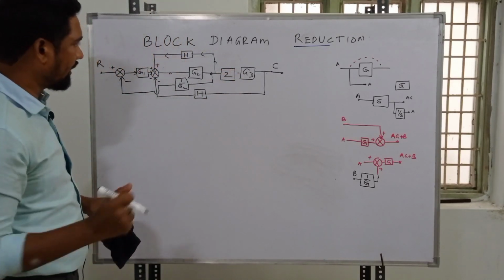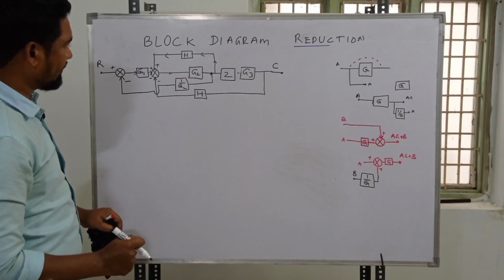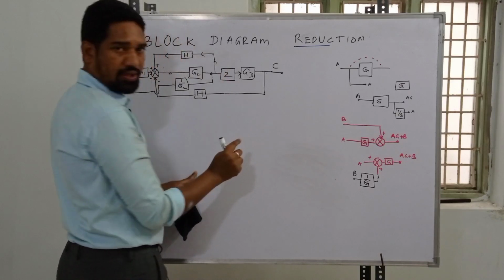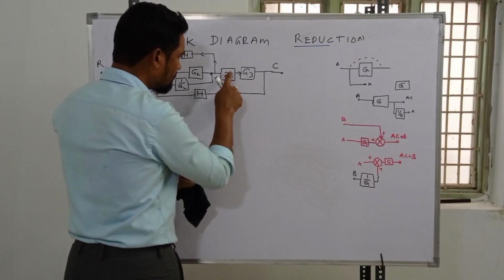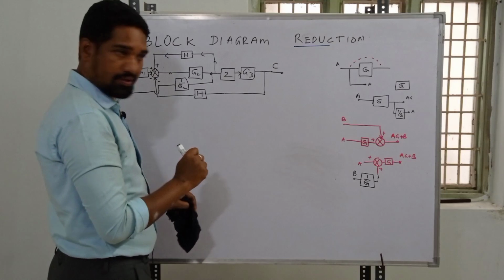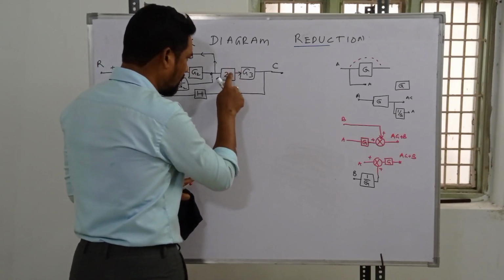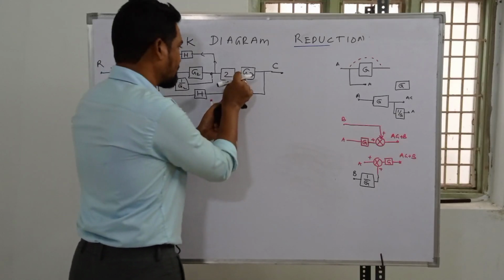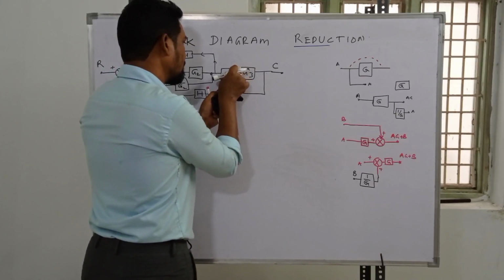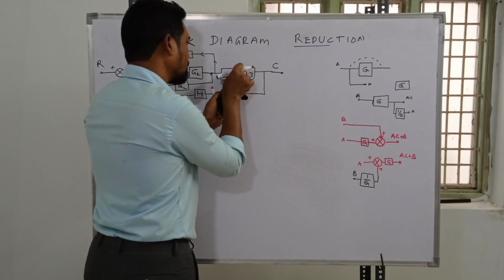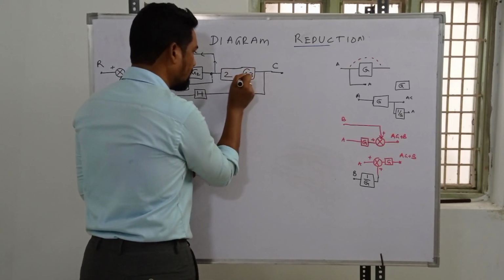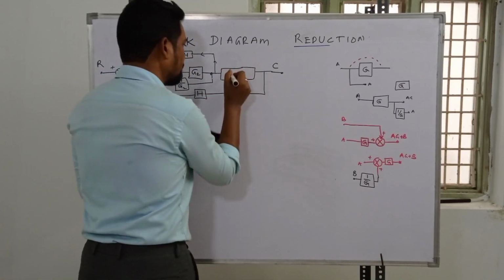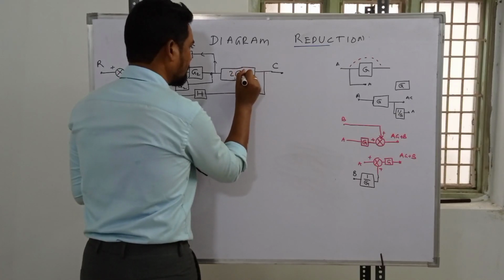And here we can have another simplification. Here the signal is moving forward and nothing is in between this block and this block, so they are in cascade and can be made into a single block, 2G3, a single block with the transmittance twice G3.